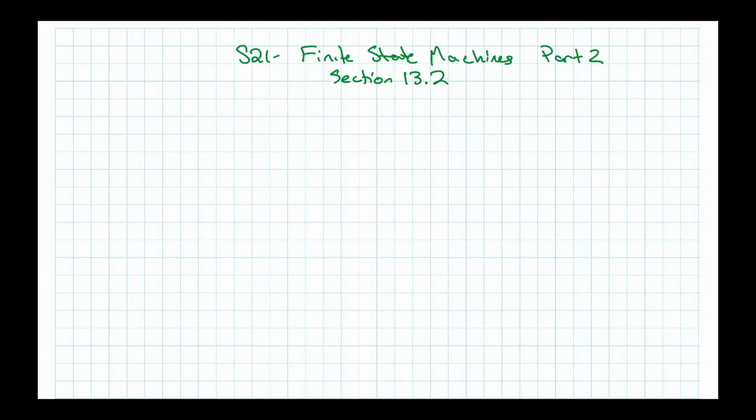So, just to remind us of what we were looking at, our finite state machines, I'm not going to write the whole definition here. This is just a reminder, but our machine M was a group of S, I, O, F, G, and S naught.